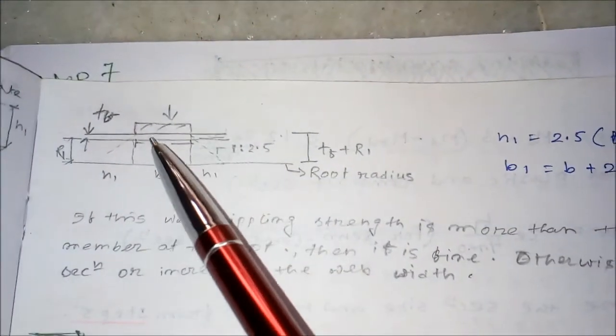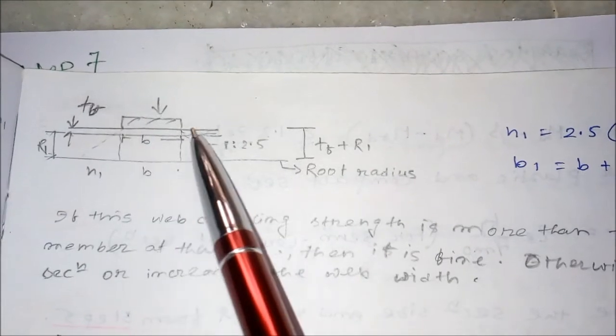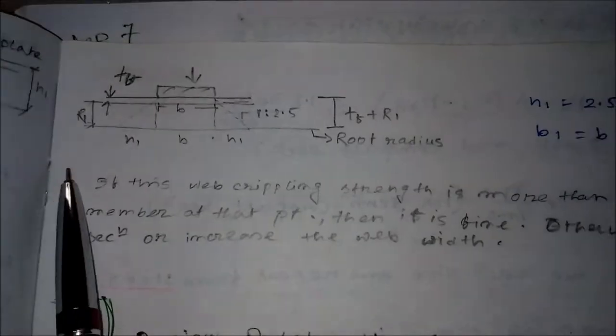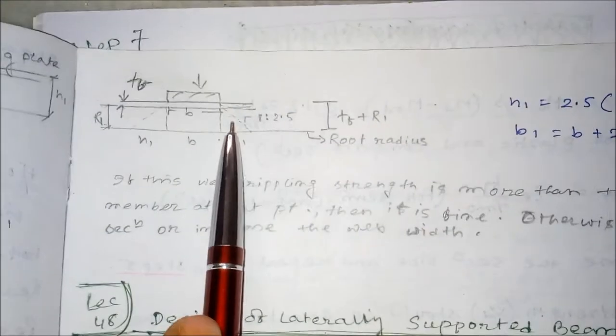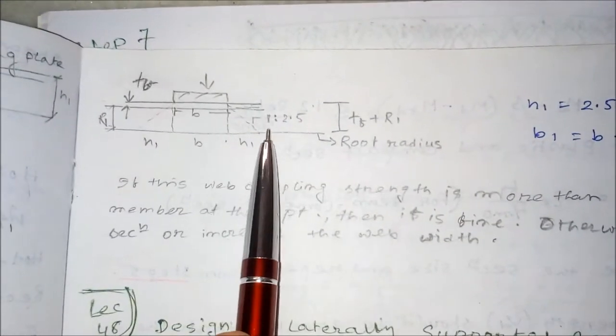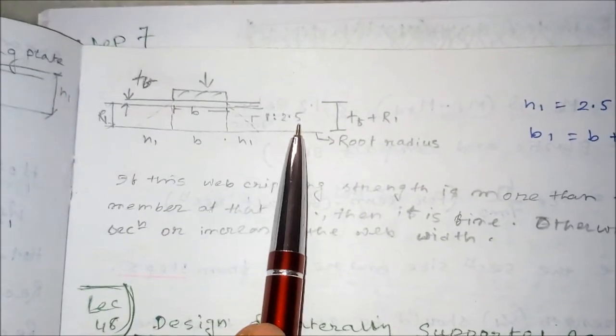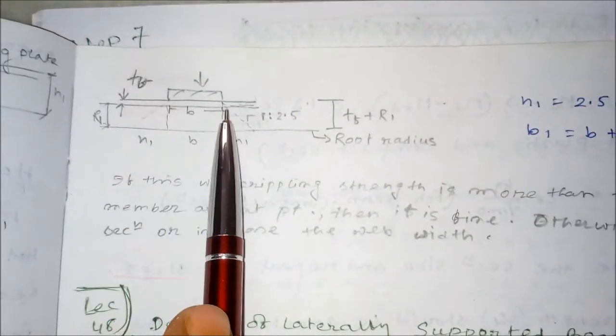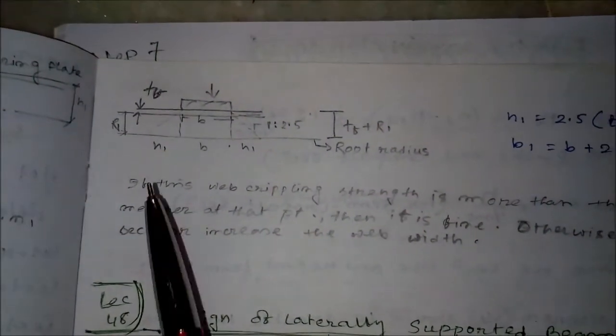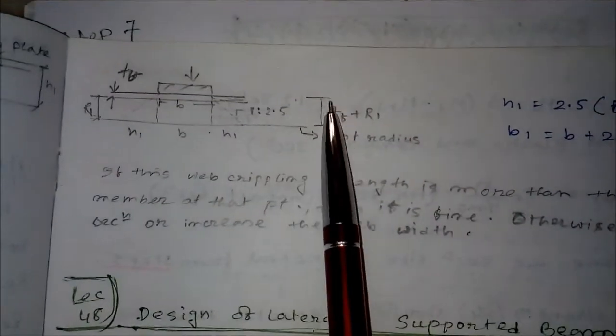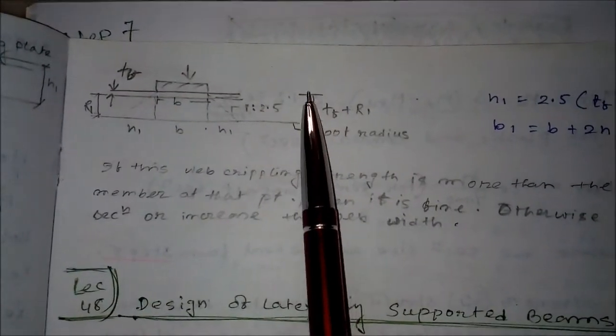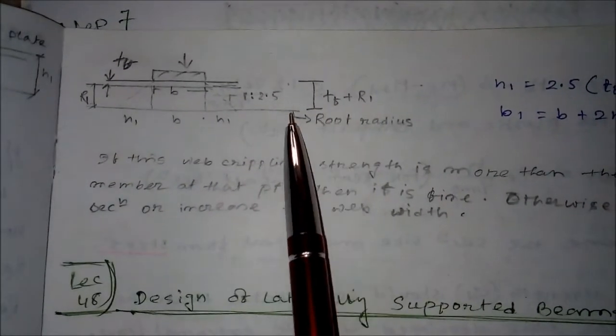That means if a concentrated load is coming, if this is the bearing, right, having the width of b, this will be dispersed in the ratio of 1 is to 2.5, right? So if this is b, this will be dispersed at the root radius. At the root radius what will be the distance?